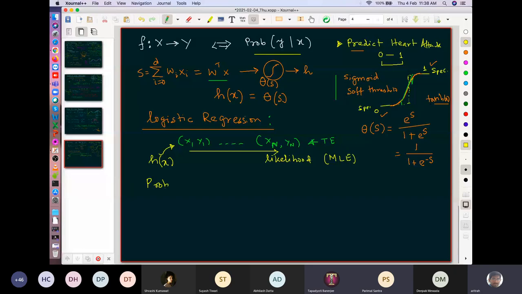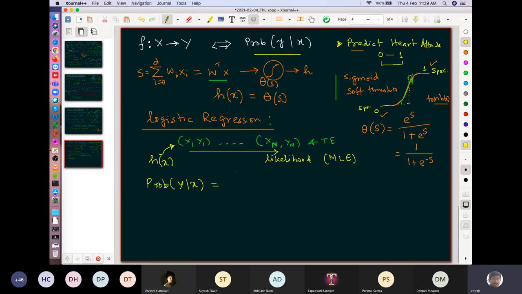Therefore, what you want to do, probability of y given x, is basically I want to find a theta which is this form. Let me revert back to what I was saying.